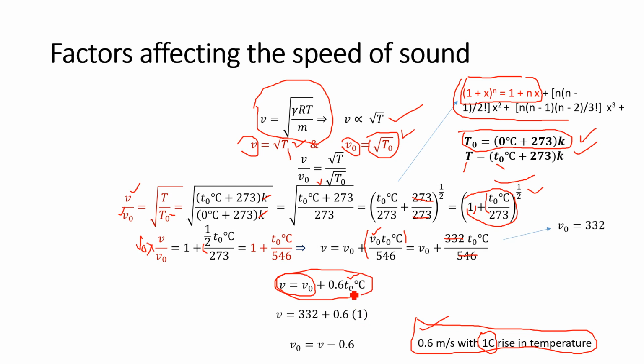So we will have velocity equal to 332 plus 0.6, which means if we increase the temperature from 0 to 1, then the velocity will increase by 0.6 meter per second, and the velocity of sound greatly depends on the temperature of the medium. When the temperature is high, the velocity is high. When the temperature is low, the velocity of sound in the medium is low.